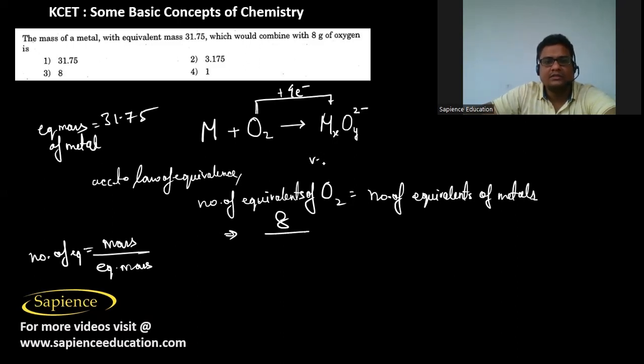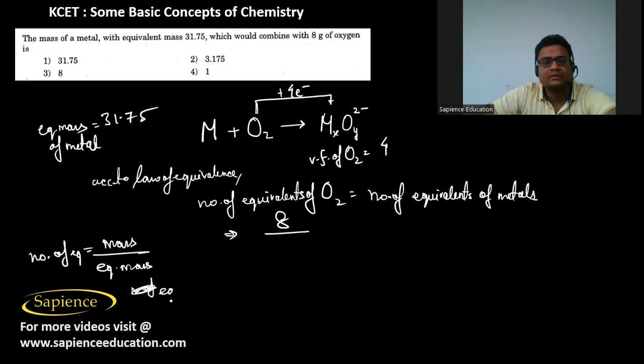So the valency factor of oxygen is equal to 4.